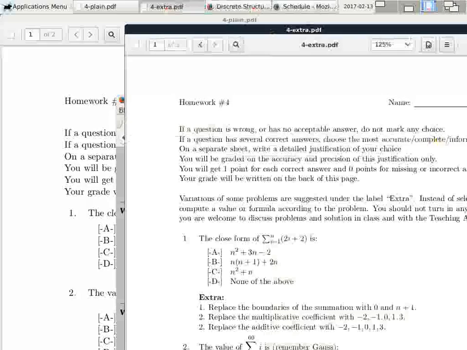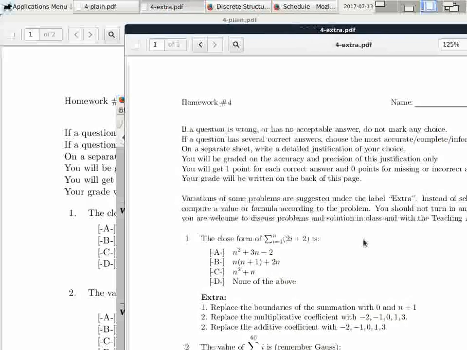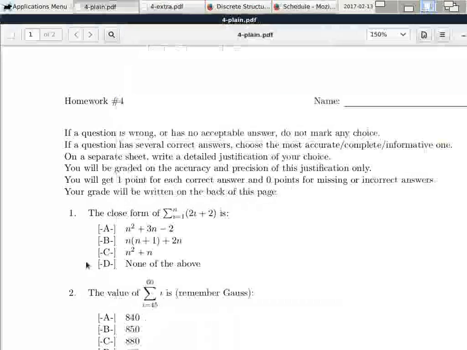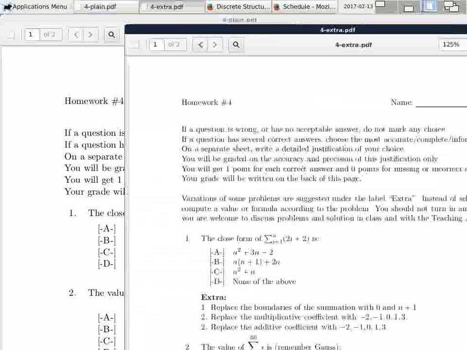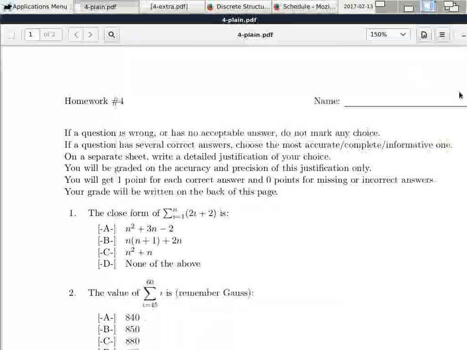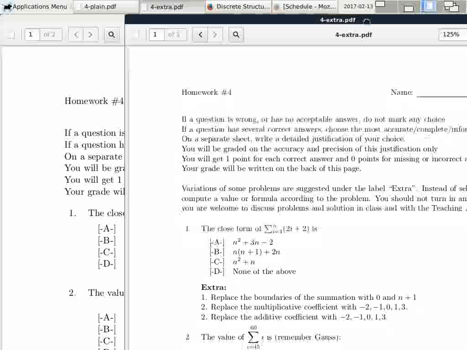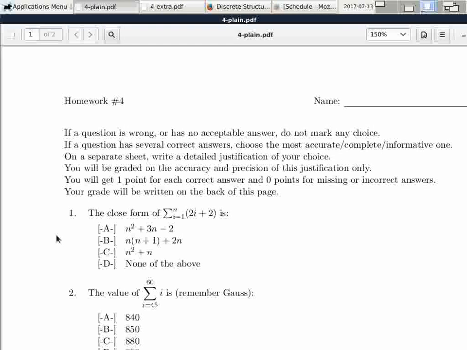This one has extra problems because some people ask for extra problems, and you don't have to do it, and you don't get any points to do it. So let's look at this one.